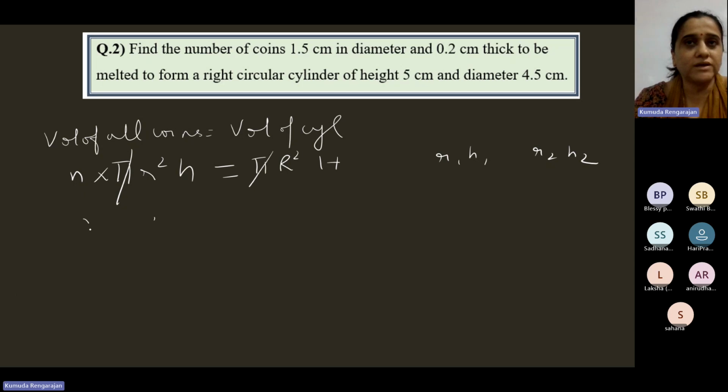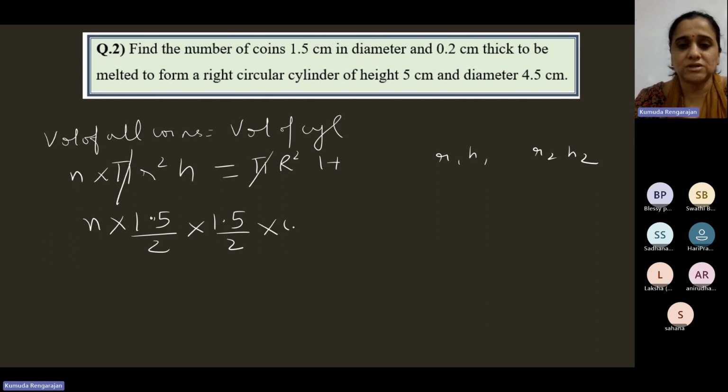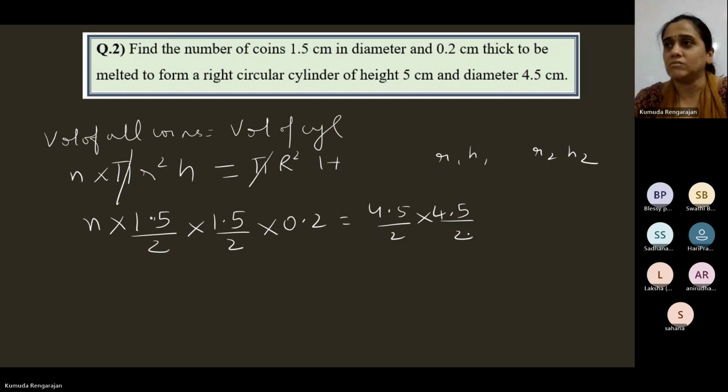So n into 1.5 by 2 into 1.5 by 2 into h is equal to R square, which is 4.5 by 2 into 4.5 by 2, into H, and H is 5.